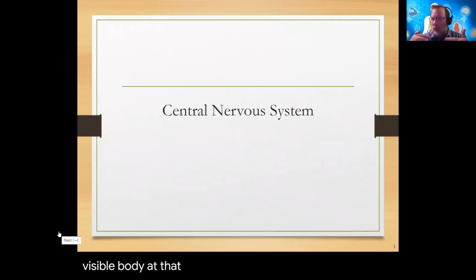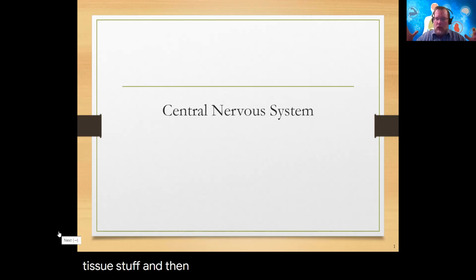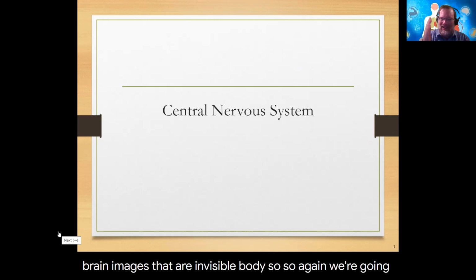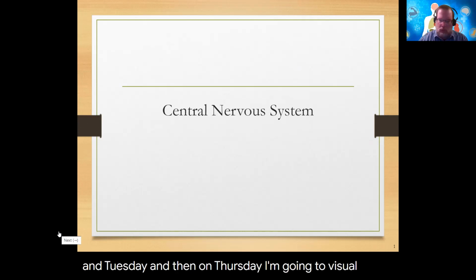At that point, I want to look at some of the cellular stuff. I want to look at some of the nervous system tissue stuff, and then go a little bit deeper and kind of review what we just did with the central nervous system today and Tuesday. We'll look at some of the awesome brain images that are in Visible Body. So again, we're going to kind of introduce you to some of the structures today and Tuesday, and then on Thursday I'm going to Visible Body it up.